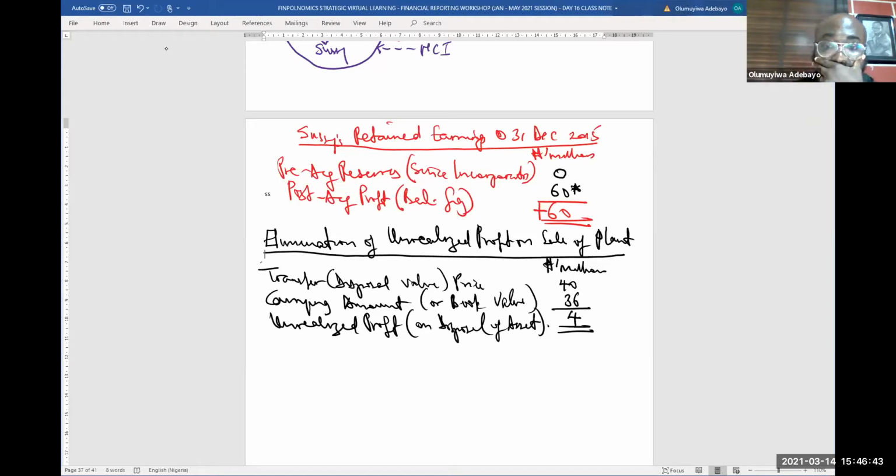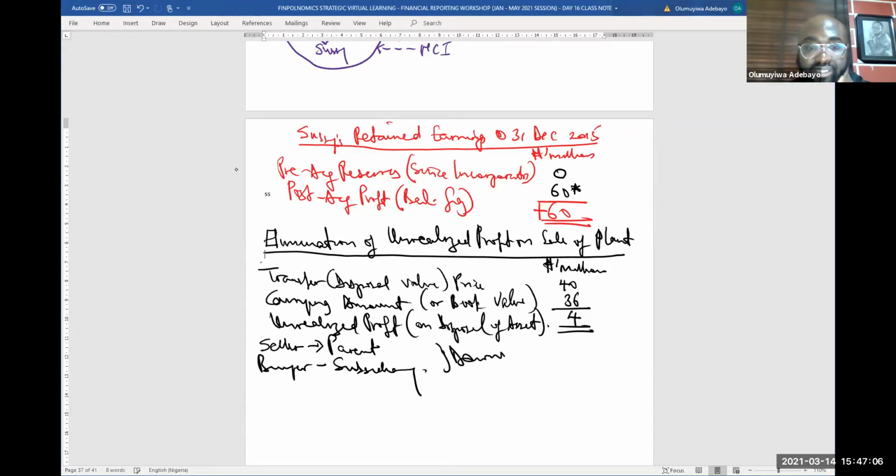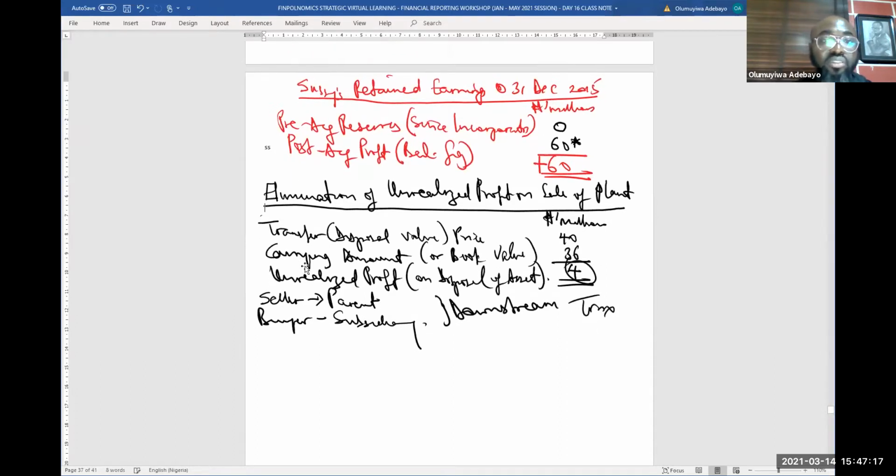Now, this profit is made by who? It's made by the seller. The seller in this case is who? The parent. The buyer in this case is who? The subsidiary. Hence, this is what we mean by a downstream. This will be adjusted against the profit of the parent, who is the seller. By doing what? By recognizing these entries.